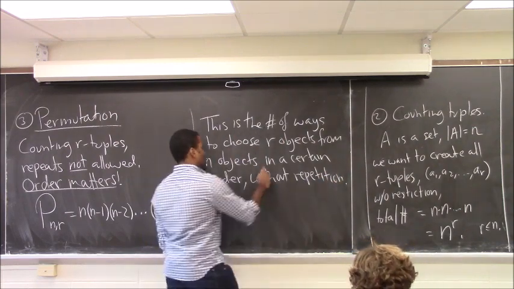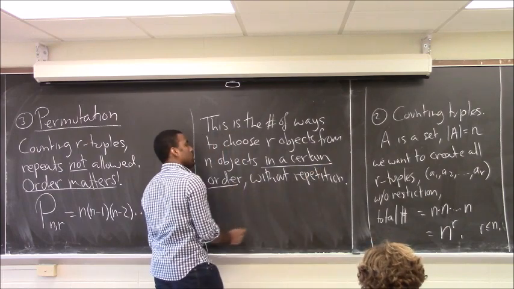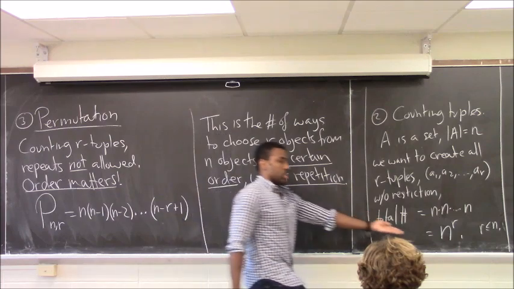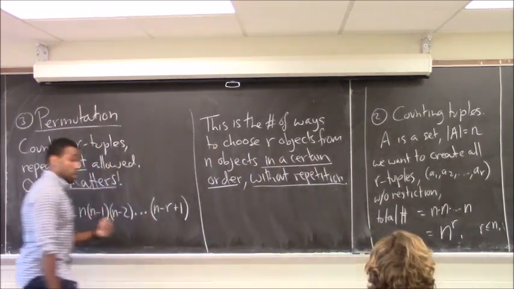Those are going to be important. The fact that it's in a certain order and it's without repetition. Right? If you're allowing repetition, it looks like this. If you're not allowing repetition, it's going to look like this.